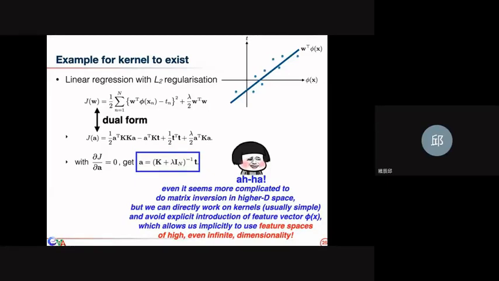That is why we see there is a very important connection from the kernel to the memory-based methods, because this kernel function is about the computation of similarity between the feature vectors.